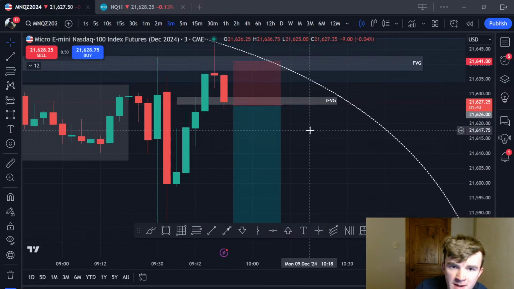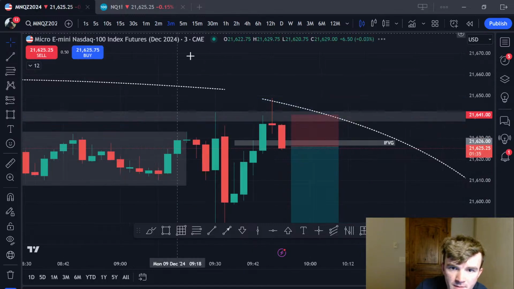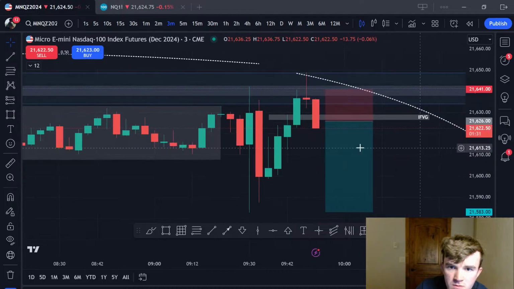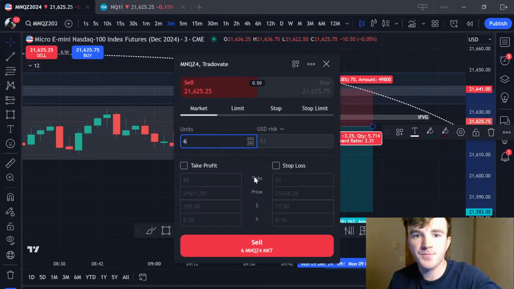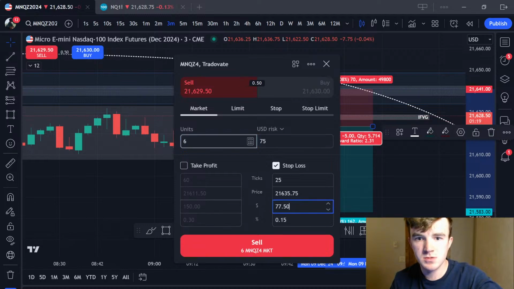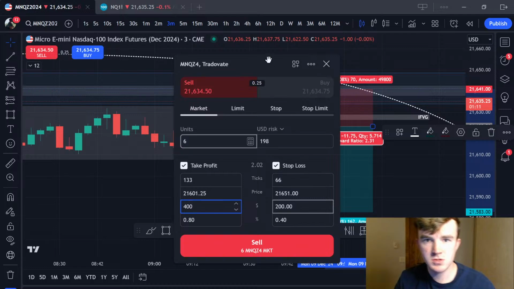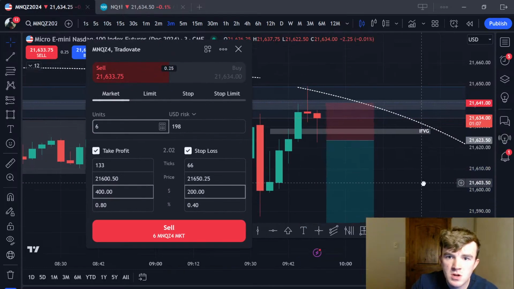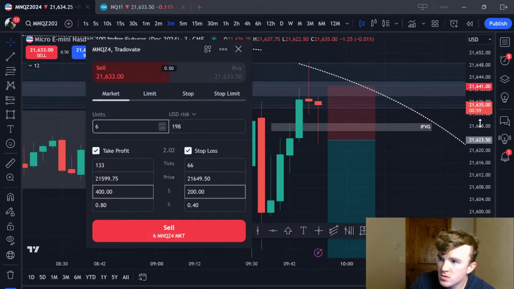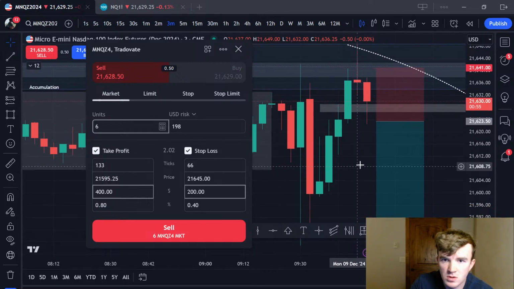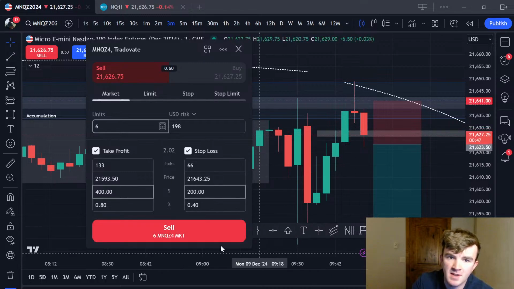This 3-minute would be pretty nice. I just figured out how I can put my stop loss in without having to drag it.